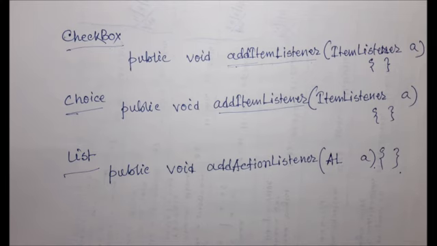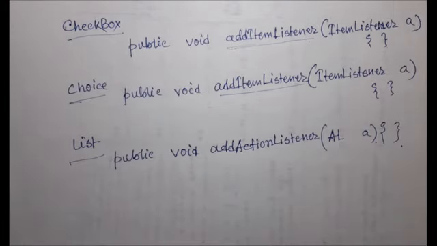So in this lecture, I have discussed what is an event, what is the event source, and some event classes. We have so many classes I have discussed, event classes and the corresponding listener classes, listener interfaces.